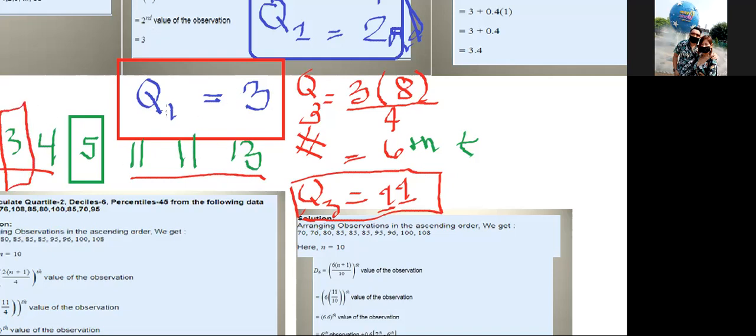And the third quartile happens to be the middle of the upper half. So in this case, what is the middle of the upper half? You have 11. And it is quartile 1, quartile 2, and quartile 3.